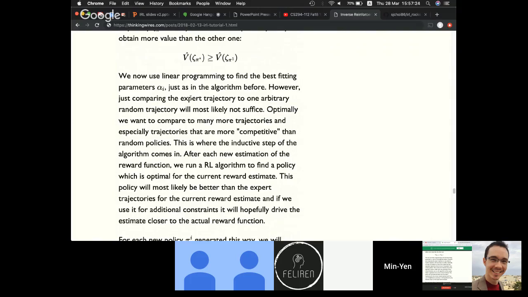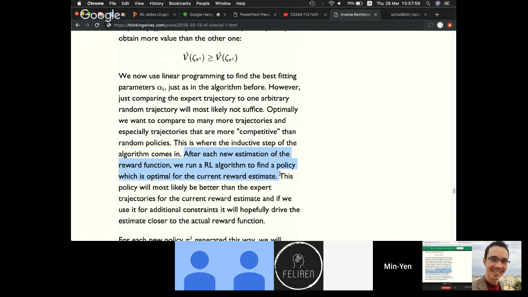Optimally we want to compare many more trajectories, especially trajectories that are more competitive than random policies. After each new estimation of the reward function, we run a standard reinforcement learning algorithm to find a policy which is optimal for the current reward estimate. We already know how to do RL, so we just do RL on the reward function that's generated.